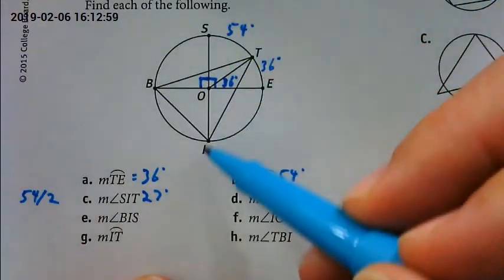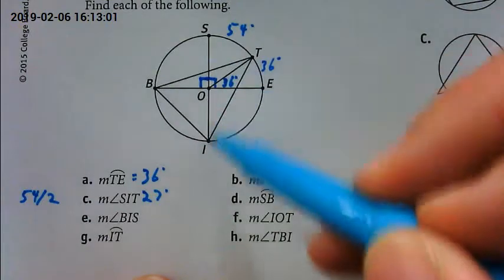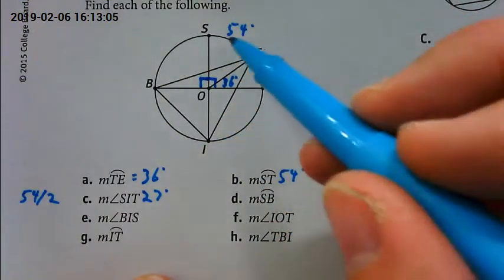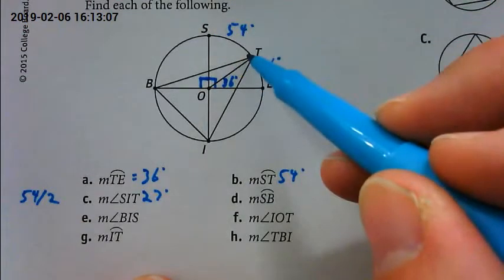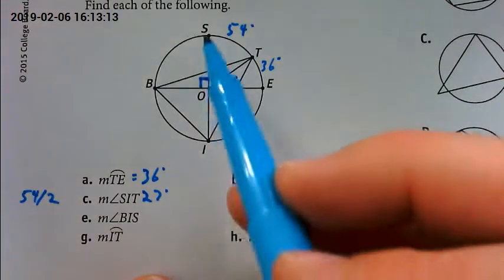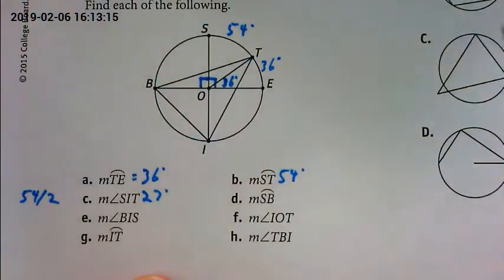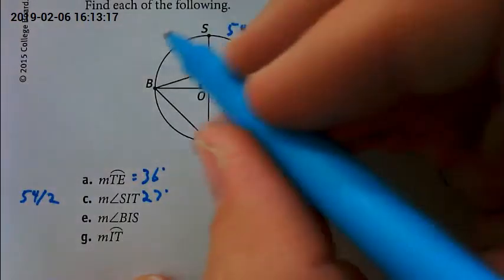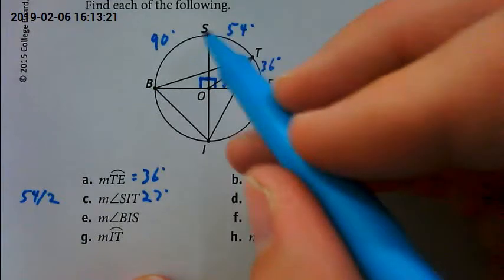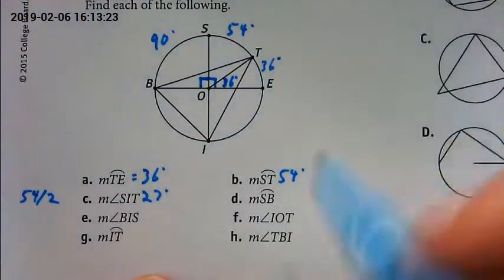So again, this angle is on the circle, right? Again, an inscribed angle is half of the intercepted arc. All right? So then, measure of SB. Well, SB is what? 90. Yeah, because the central angle is 90, so the arc it intercepts is the same.